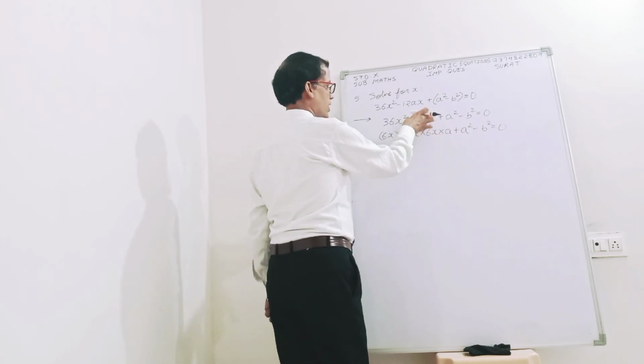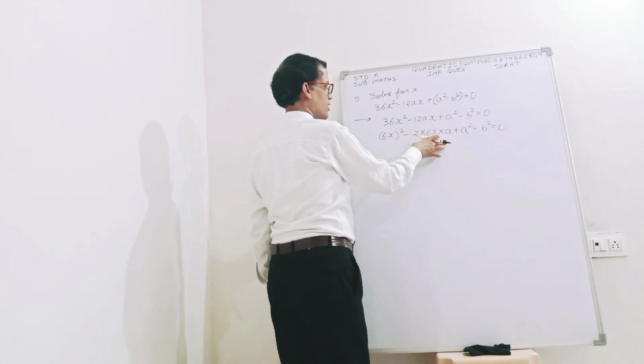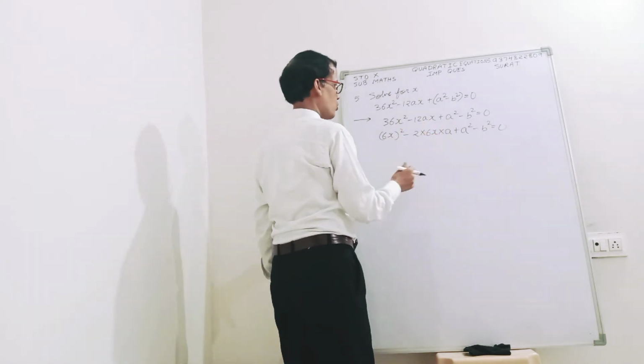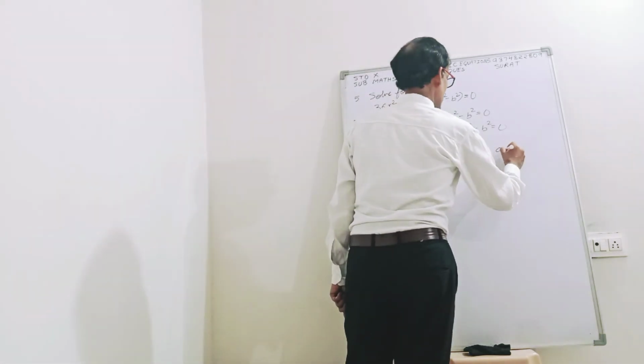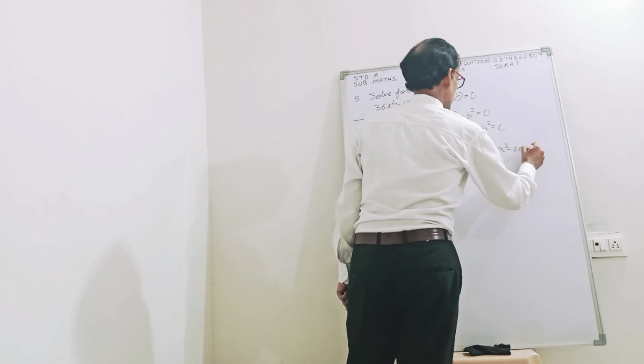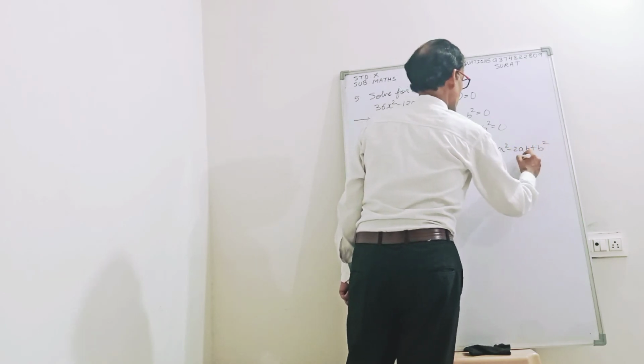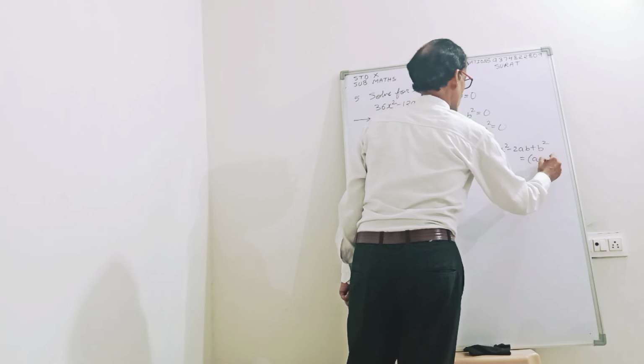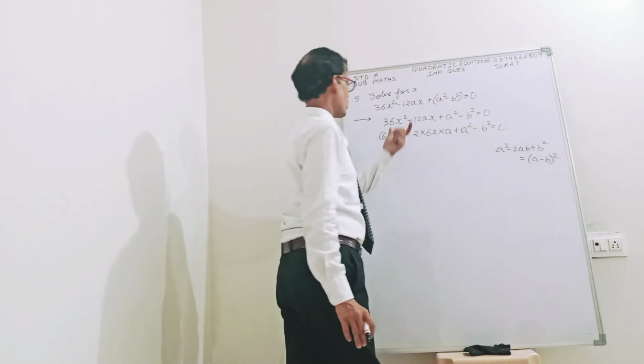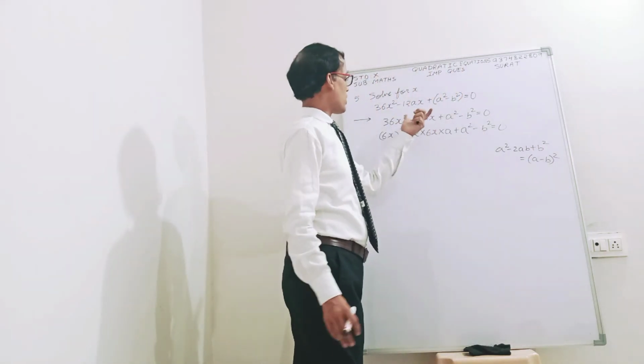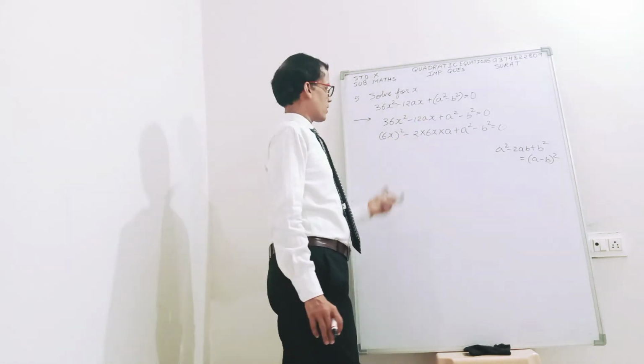But what is the basic purpose to write in this format? We have converted this one into an identity. A square minus 2ab plus b square is equal to a minus b whole square. So actually we want to use this formula, so we have converted into this format.